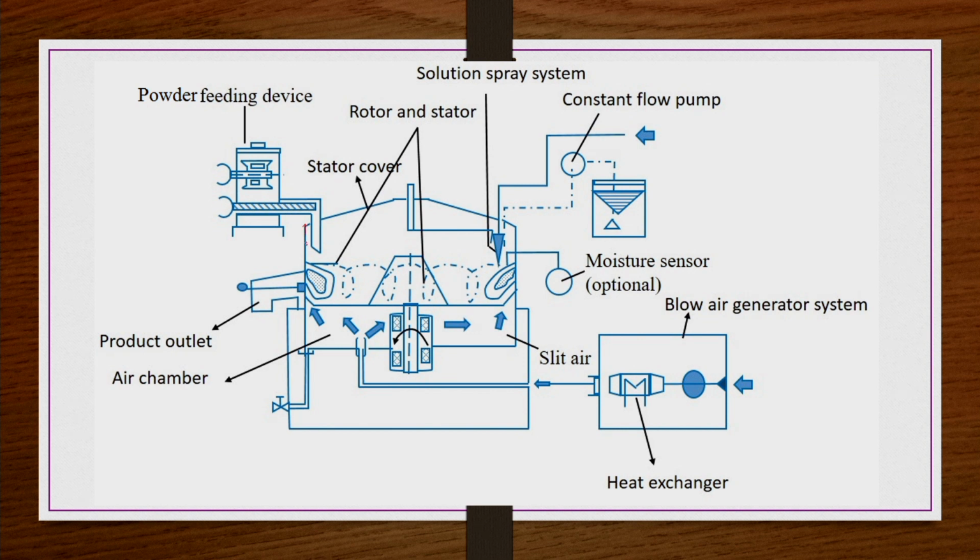We have a stator cover here, and a separate section for the air also, because if you want to dry these granules within the centrifugal granulator, it has that provision. It also has a vertical rotor.